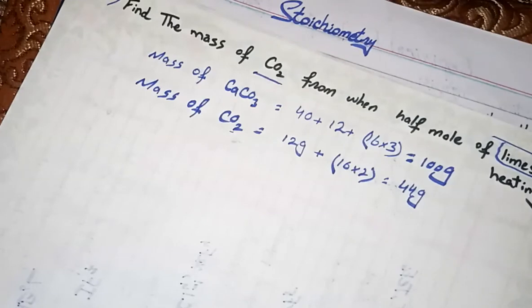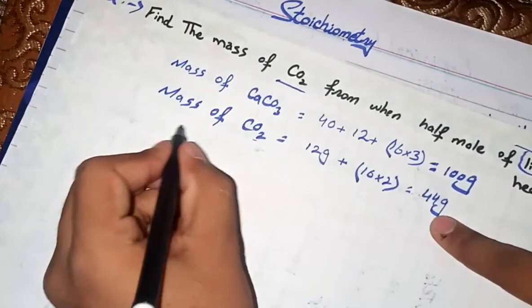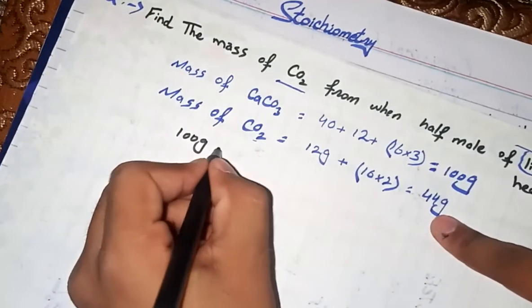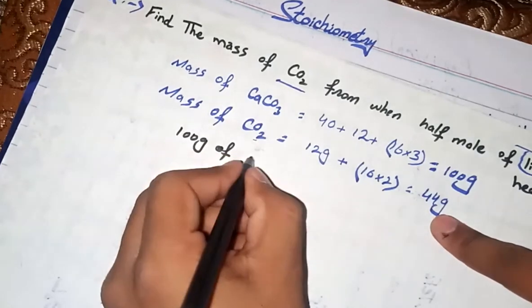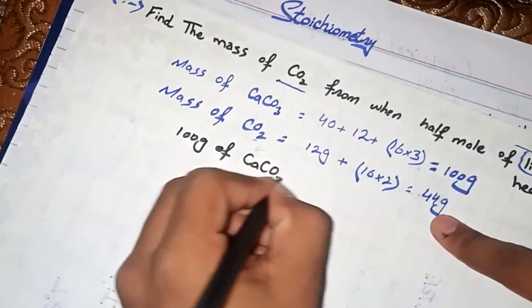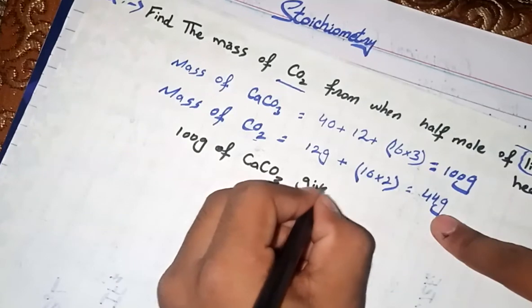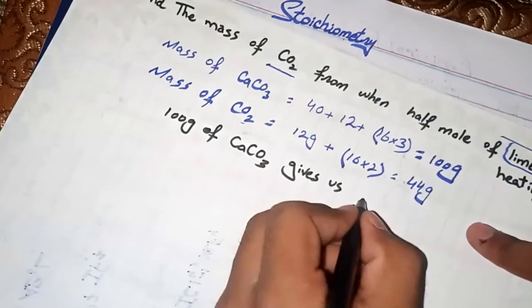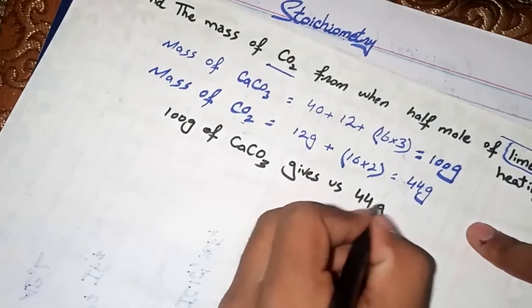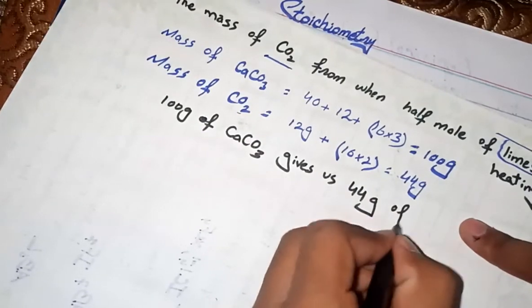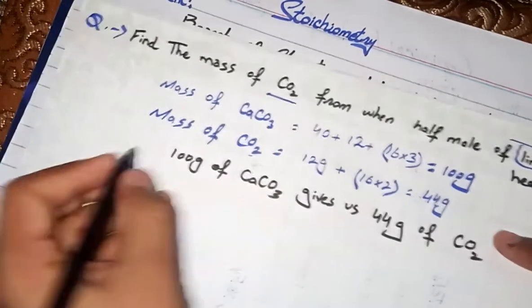So it is clear that 100 gram of CaCO3 gives us 44 gram of carbon dioxide.